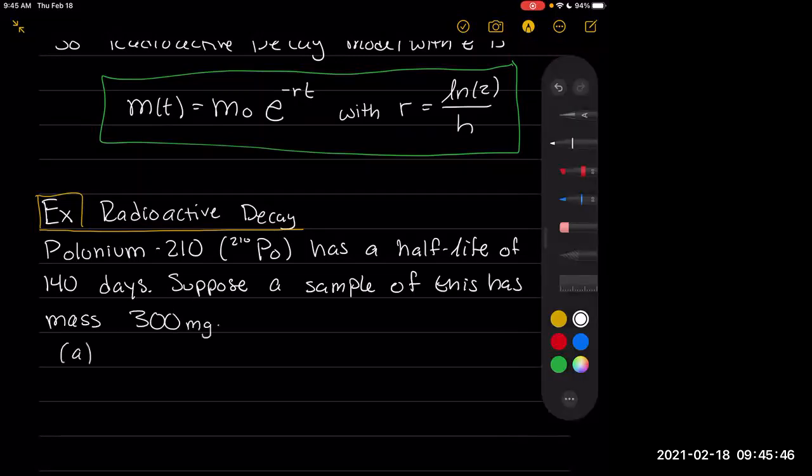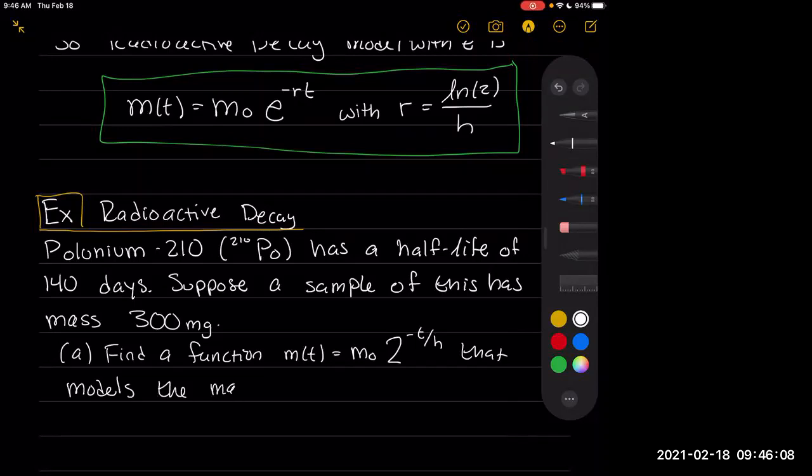So our first step is to find a function that looks like m of t equals m naught 2 to the negative t over h that models the mass after t days.